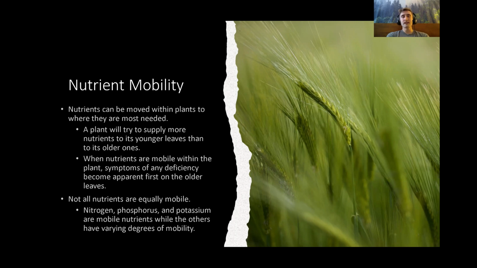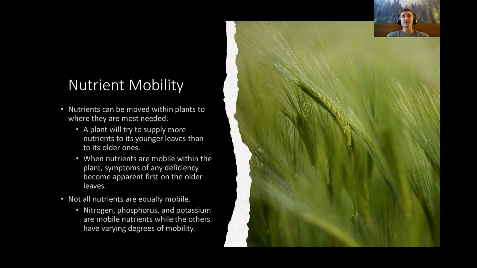And that can tell us which element is missing if we know which ones are mobile and which ones are non-mobile. One easy thing to remember is that the three most important nutrients from the soil, NPK, nitrogen, phosphorus, and potassium, are all mobile nutrients. And it's a good thing for the plant because they're needed in the highest quantity, so they're most likely to be deficient.